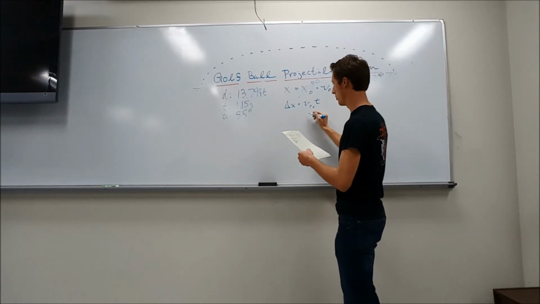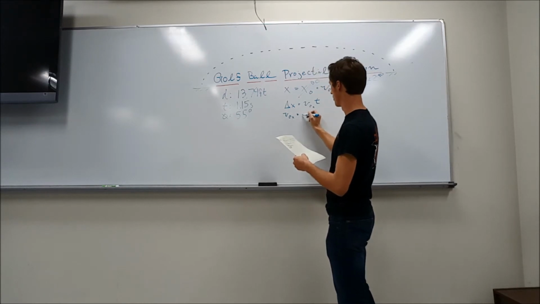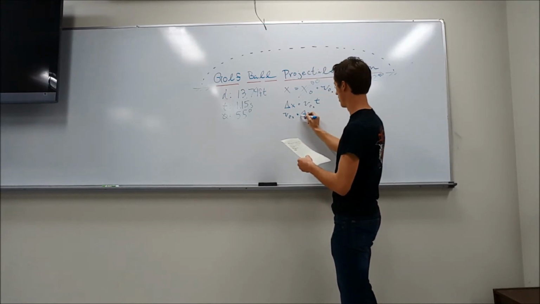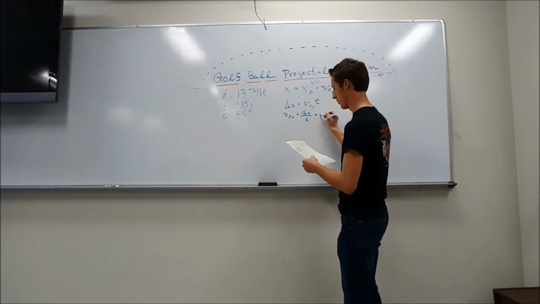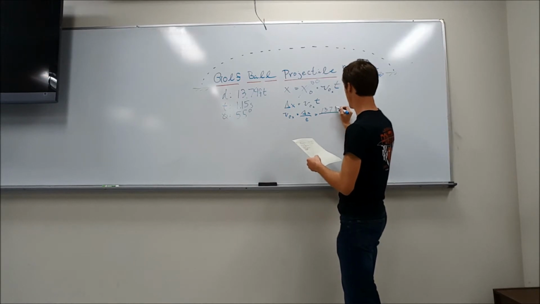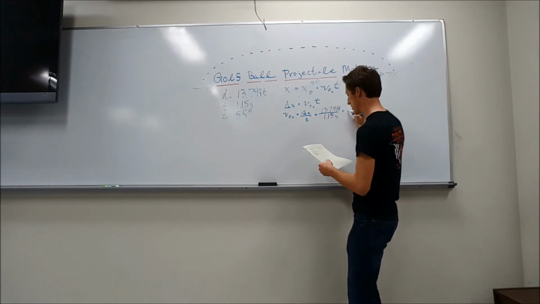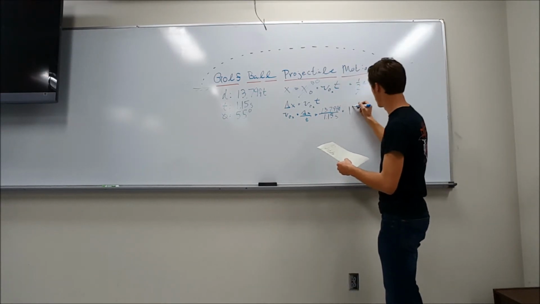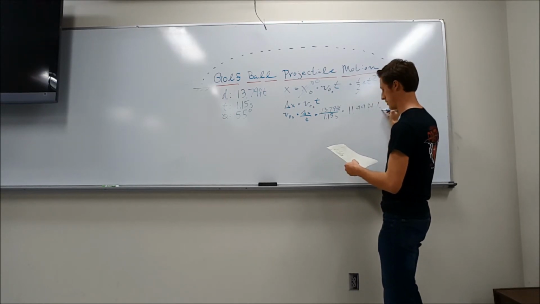And then at this point, we can rearrange one final time to have v naught x equals delta x over time. And at this point, we're now ready to plug in our values. So our delta x value is 13.79 feet, and our time is 1.15 seconds. When you punch this into your calculator, you should get 11.99 feet per second.